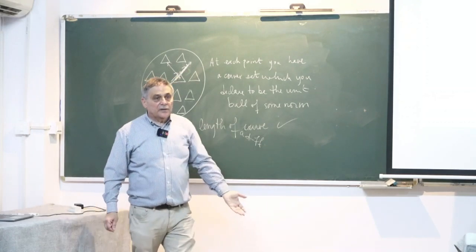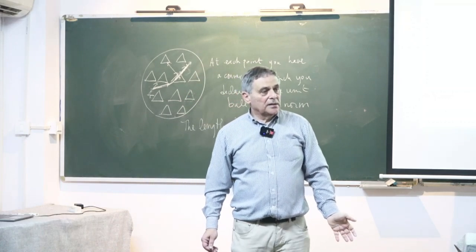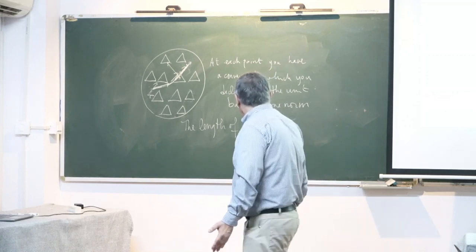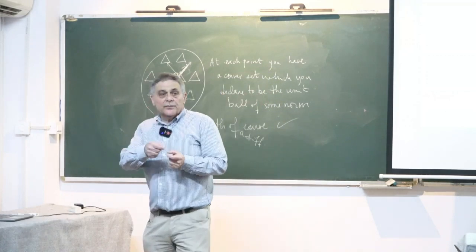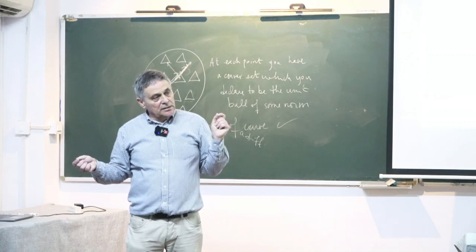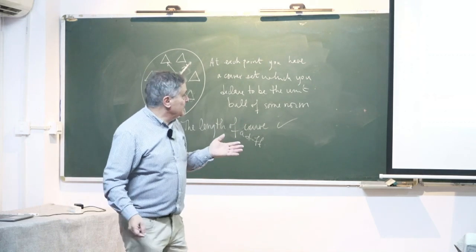So I find the length of this curve, right? You understand? And now I say that the distance between 2 points is the minimum length of the curves joining them. Simply this. And this is all you need to know about Finsler manifolds.